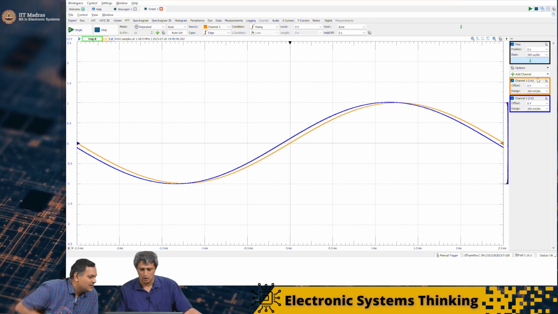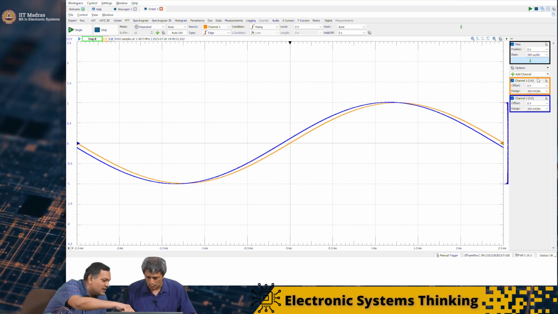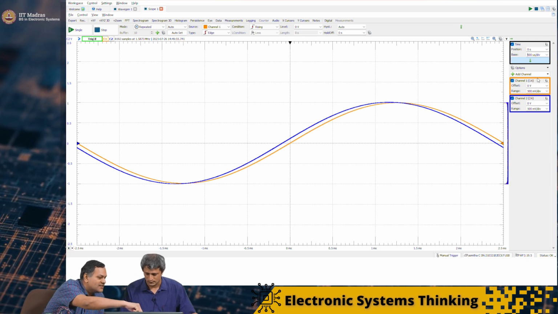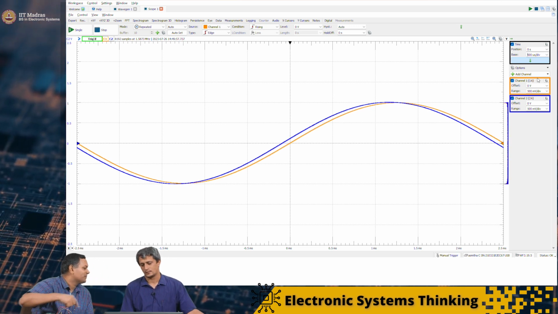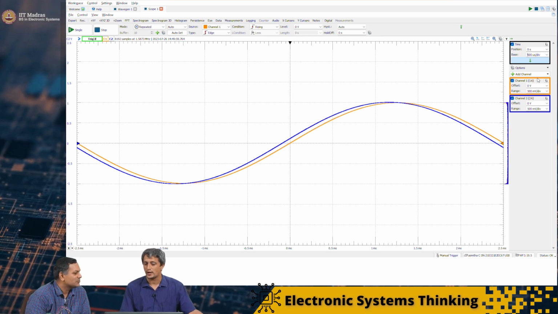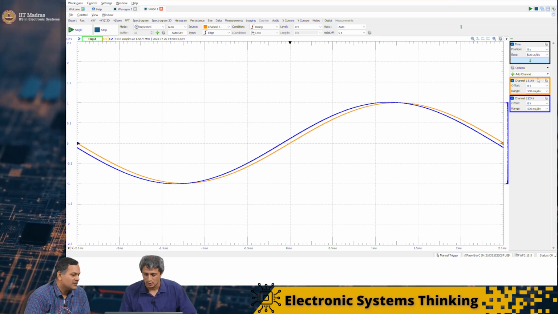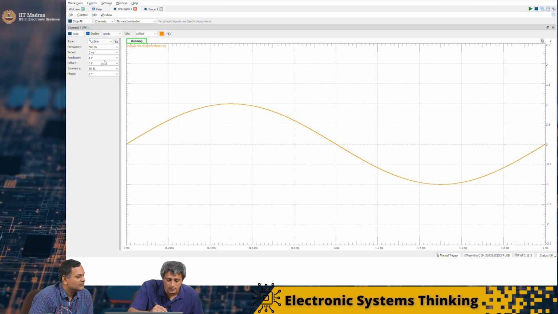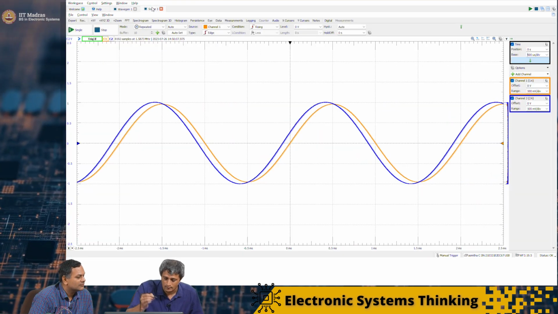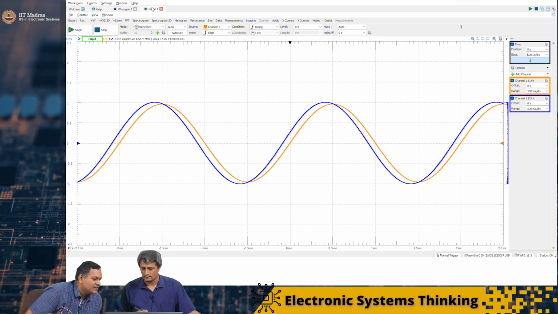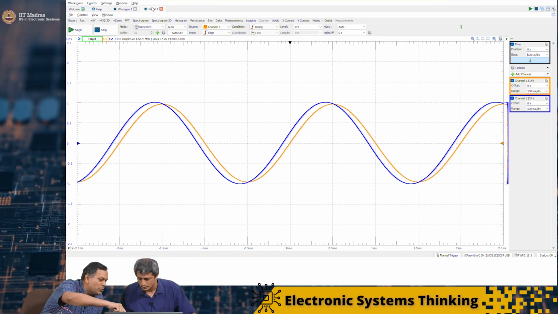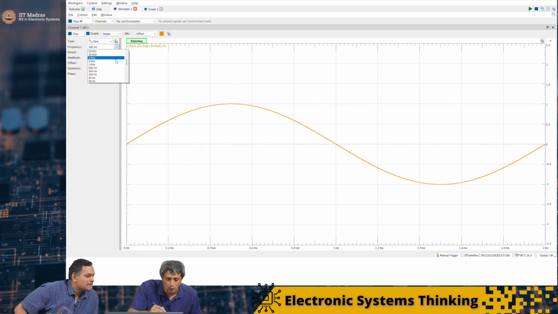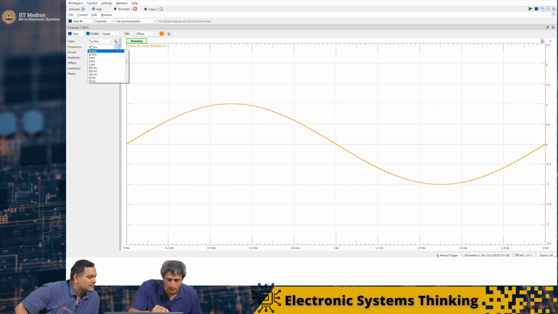On the X axis, each division is about 0.05, so the difference is about 0.1 milliseconds. Now when I go to 500 hertz, the difference is close to 0.2 milliseconds. And then 1 kilohertz.